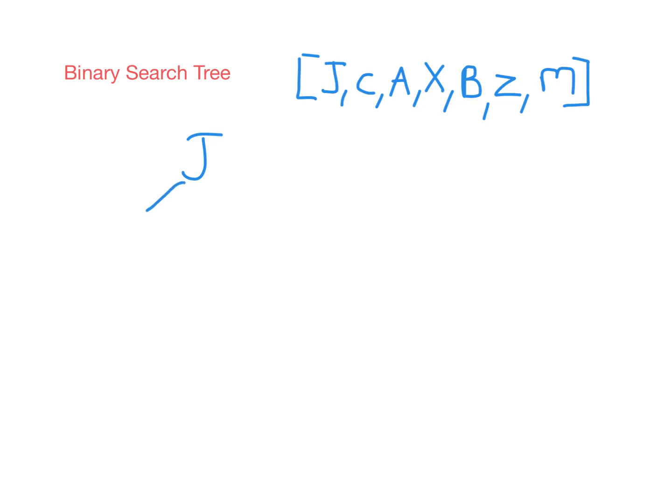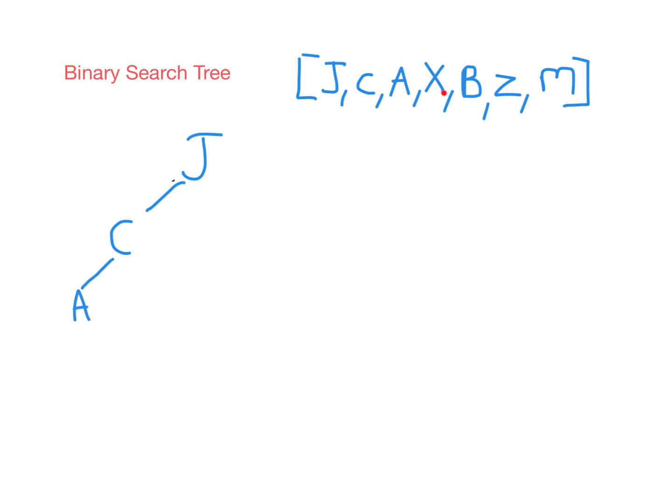C will go to the left over here. So then we look at A. Now A has lower value than J, so it needs to go to the left. But we can't do something like put A over here because that would mean J has 2 left childs. Instead, A is like the child of a child. A will go to the left of C.